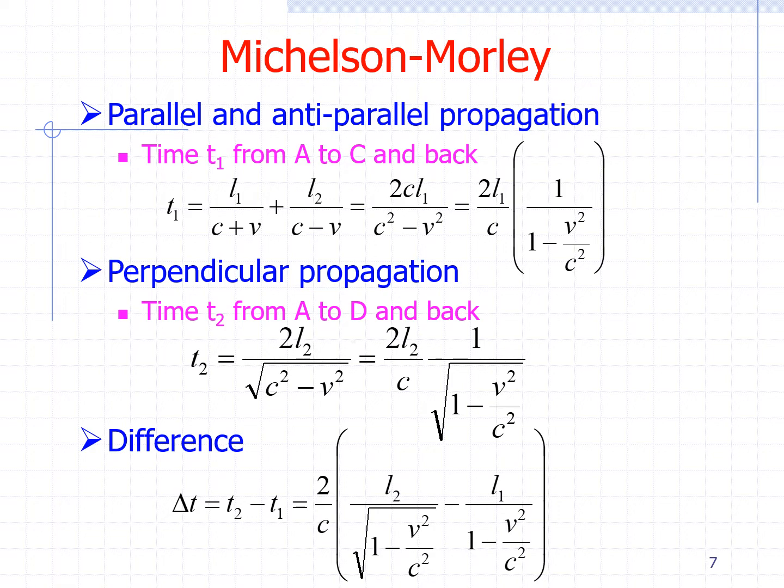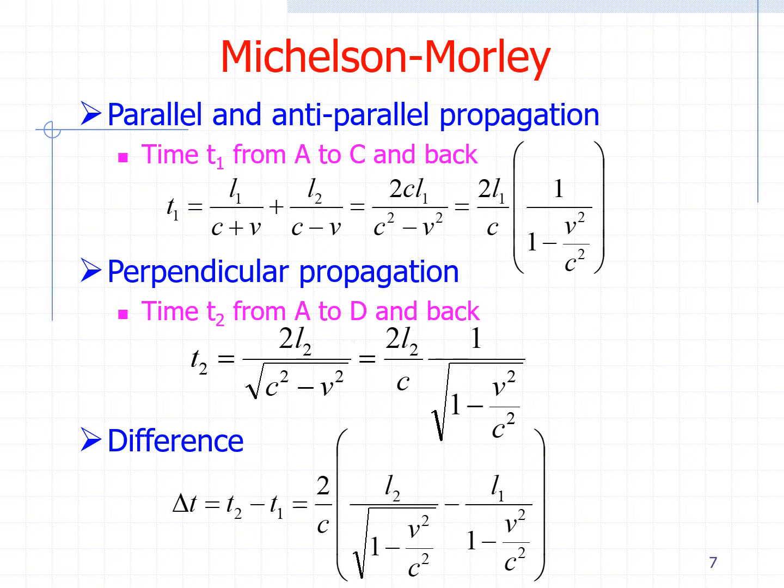Simply, what we have done here is use the concept of velocity, that is upwind and downwind velocities. Since lengths L1 and L2 are the distances, in case of downwind the velocity is C plus V, and in case of upwind it is C minus V, and on solving this we can easily evaluate the expression for time T1, the time for parallel and anti-parallel propagation.